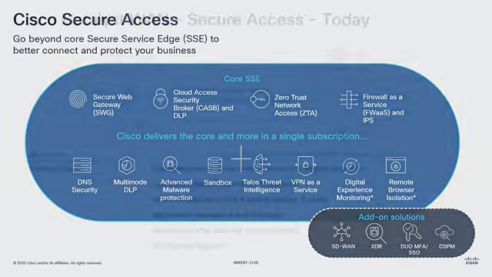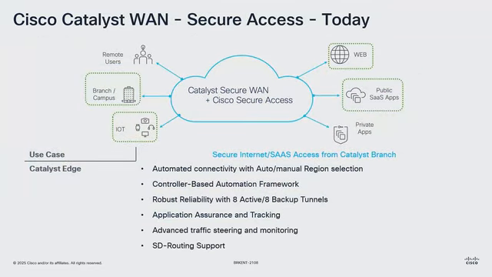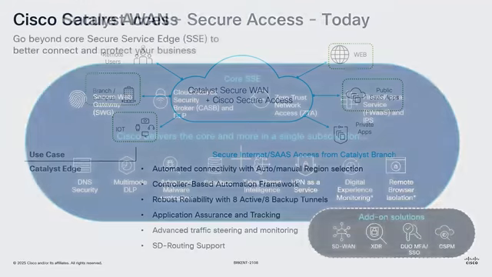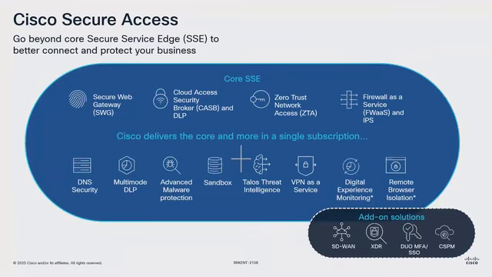But it doesn't end there. We also support integration of Catalyst SD-WAN with other third-party trusted vendors like Zscaler, Palo Alto, and so on. We have open API integrations with them, so that if you're already using a particular SSE solution, Catalyst SD-WAN can integrate with that directly.